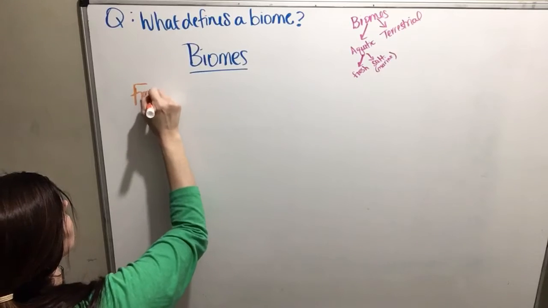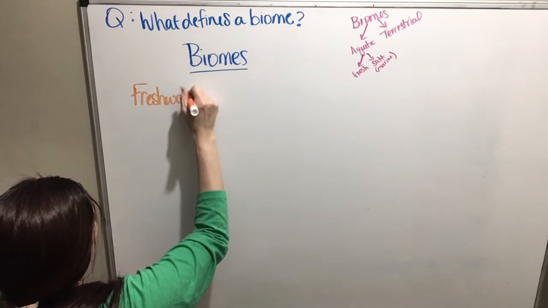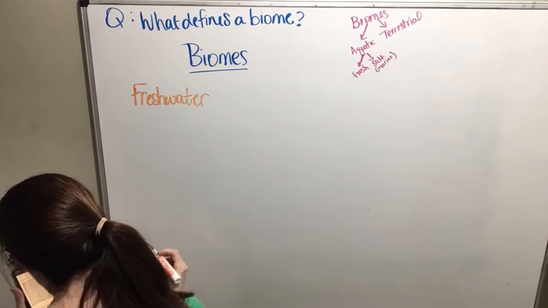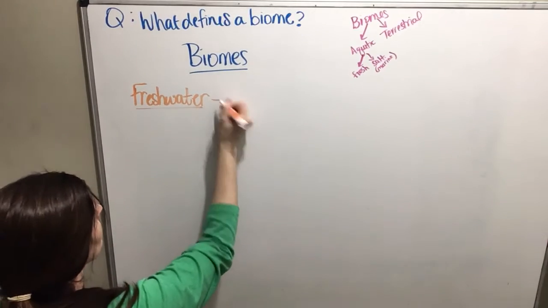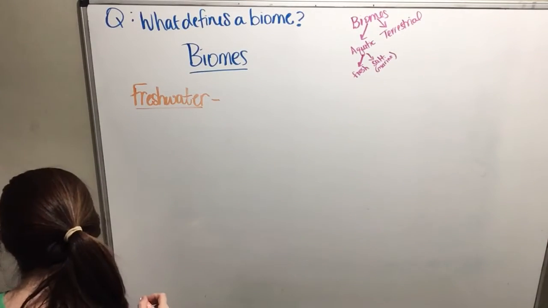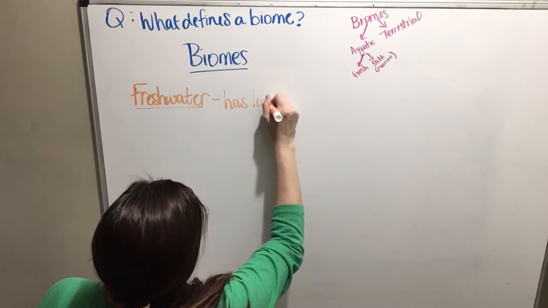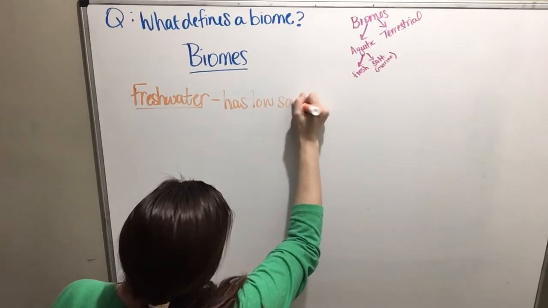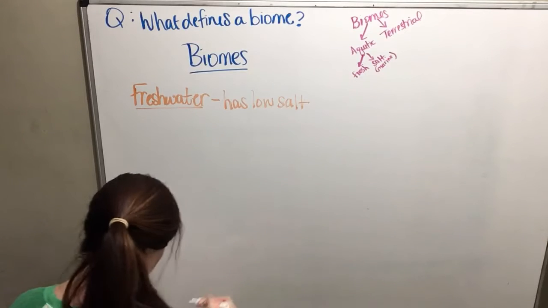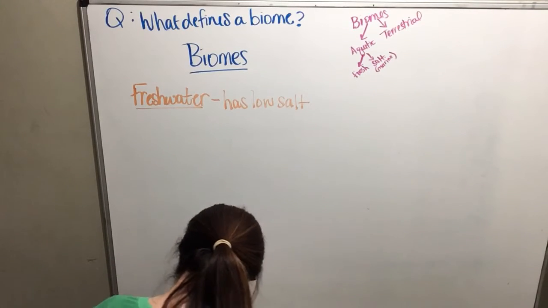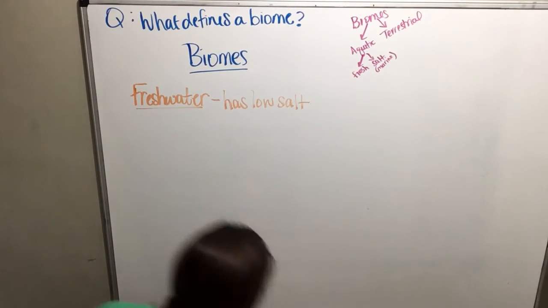This is underneath the aquatic. So the freshwater, this has a low salt concentration. Okay, that marker's not working for me. It's probably not working for you either because I can barely see it.